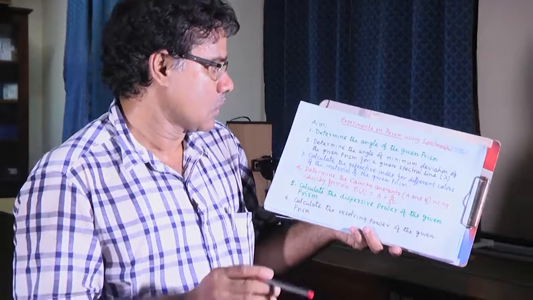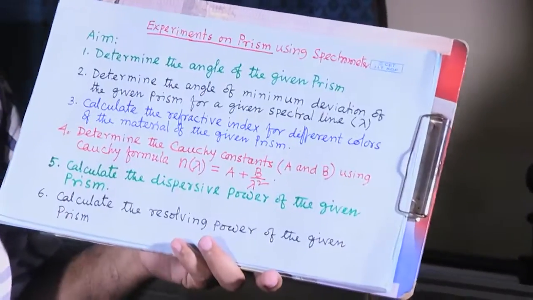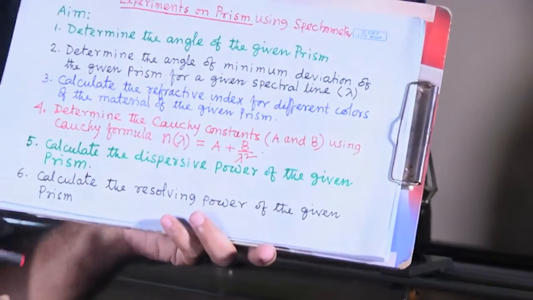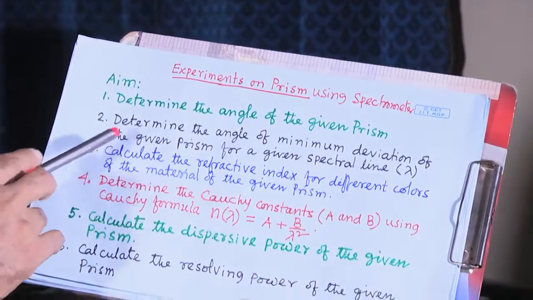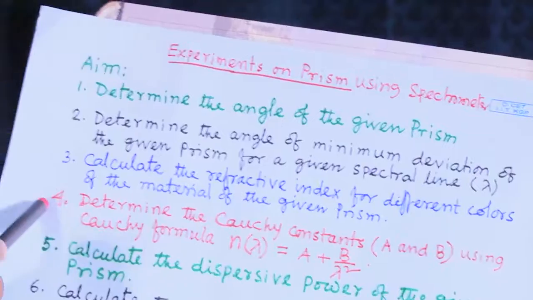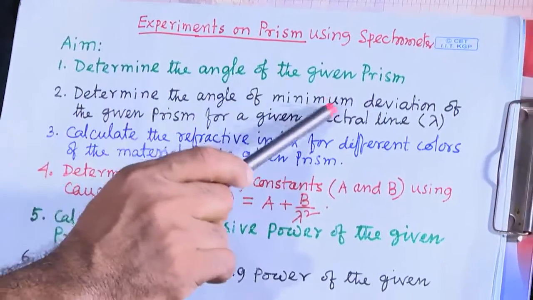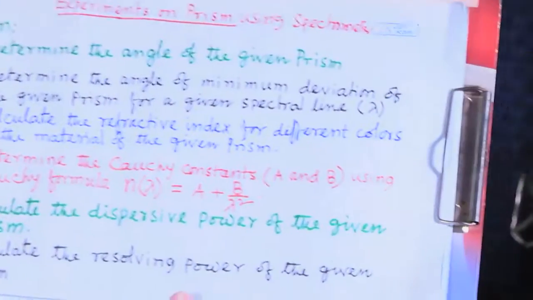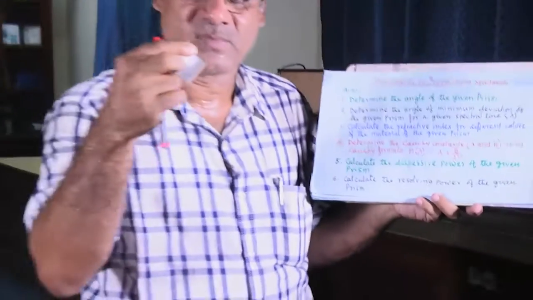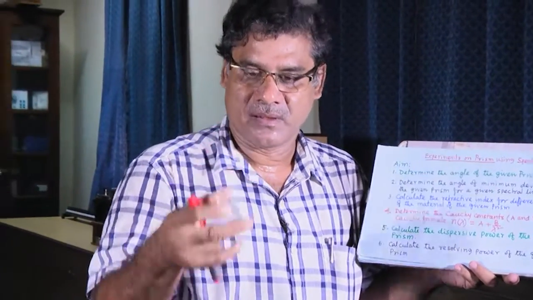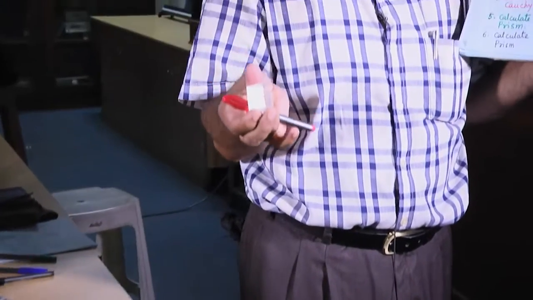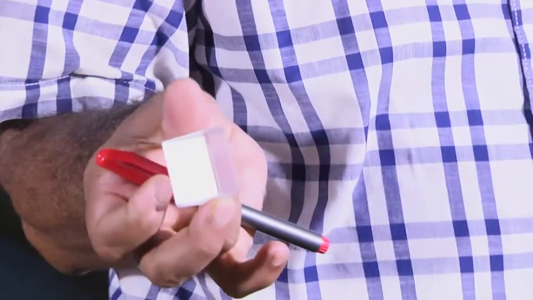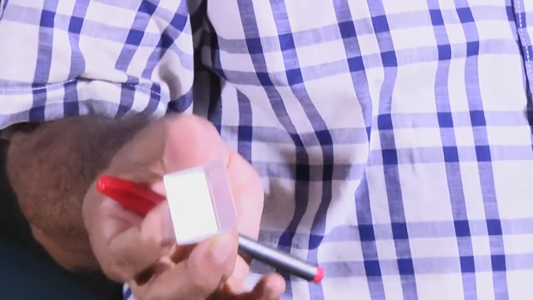So, what is the aim of these experiments using the prism? The aim of the experiments is basically to determine the angle of the given prism. A prism is given. Now, what is the angle of the prism? That one can determine.